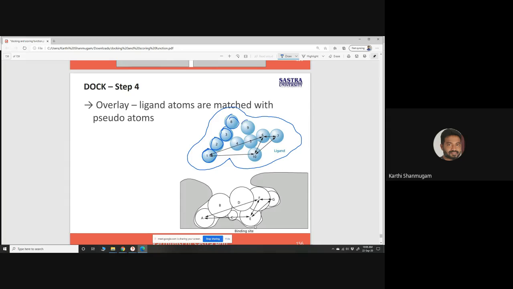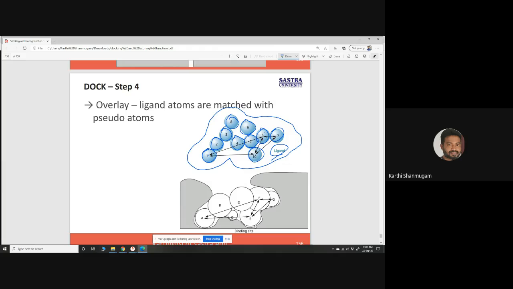We are not taking the ligand molecule as line or stick. We convert that into pseudo atoms. Is it understandable? The centroid of this sphere is the centroid of the atom. Then we can number these pseudo atoms. For this example, it goes like 1, 2, 3, 4, 5, 6, 7, 8, 9, 10. They have numbered the pseudo atoms for the ligand molecule.